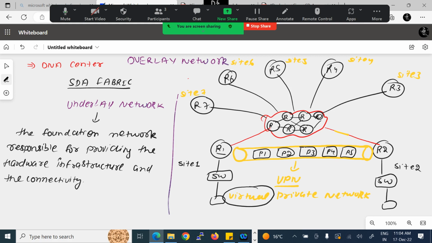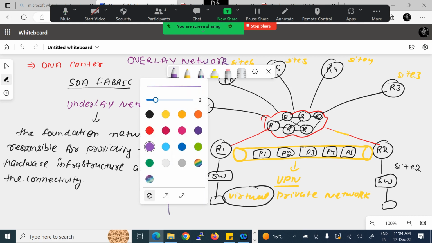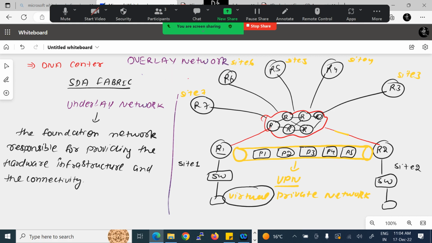And all of them are using a LAN network behind them. Yes or no? For example, site 1 is using 10.1.7.0/24. It is using 10.1.6.0/24, 10.1.5.0/24, 10.1.4.0/24, 10.1.3.0/24, 10.1.2.0/24, and 10.1.1.0/24.